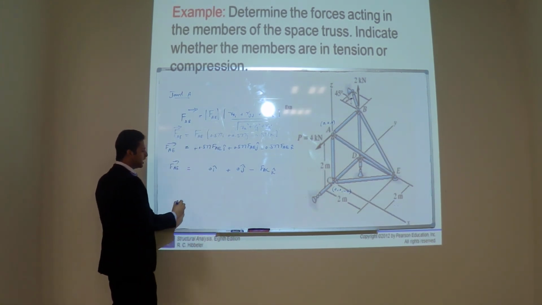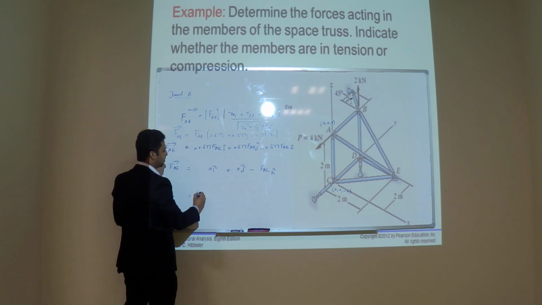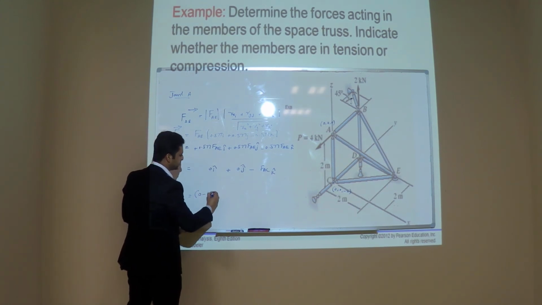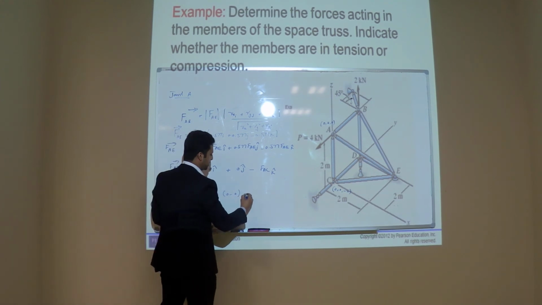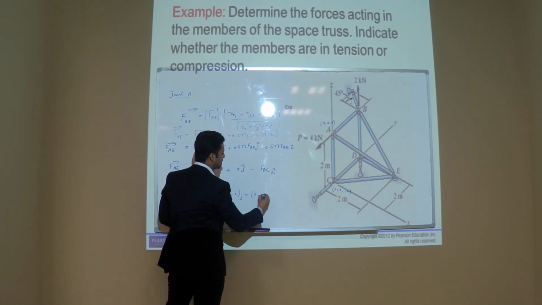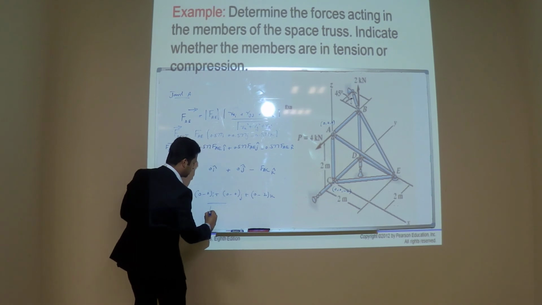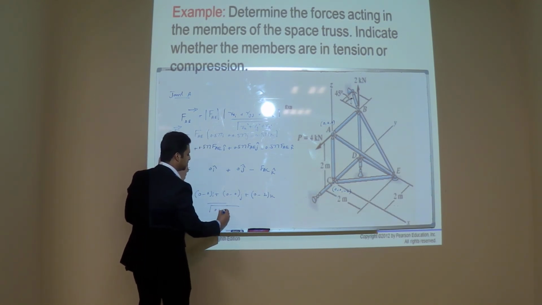If you are getting confused, I will calculate the position vector of AC: 0 minus 0 plus 0 minus 0 plus 0 minus minus 2 k, divided by the square root of minus 2 squared plus 0 squared plus 0 squared.